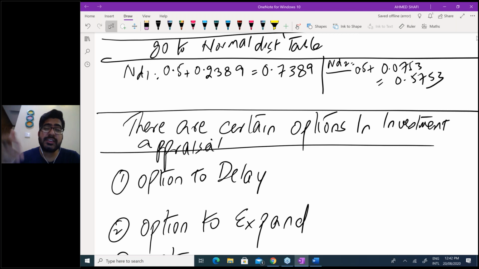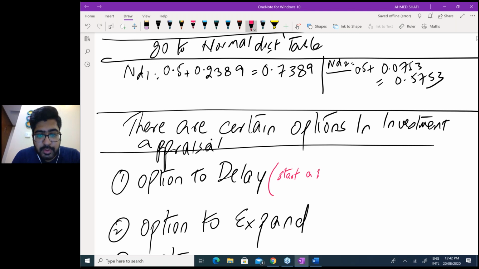No. It's just giving you an option that you can delay it. Option to delay means start the project a bit late. We always have that option in investment appraisal. Whenever you plan to start a project next year, maybe you always have the option that you can delay it, start after 2 years, after 1.5 years.